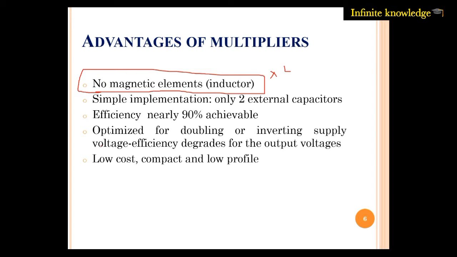Efficiency is nearly 90%, optimized for doubler or inverting supply voltage; efficiency degrades for higher output voltage. Low cost, compact and low profile. It is very low cost. You have to use 10 to 15 diodes or 10 to 15 capacitors. So the cost of this project is nearly 500 Indian rupees or under 500 Indian rupees if you want to make this project.